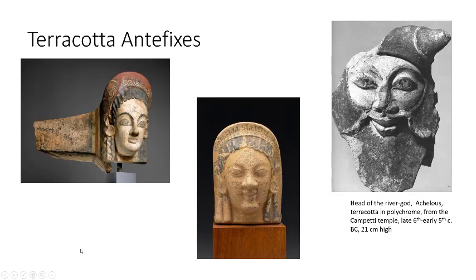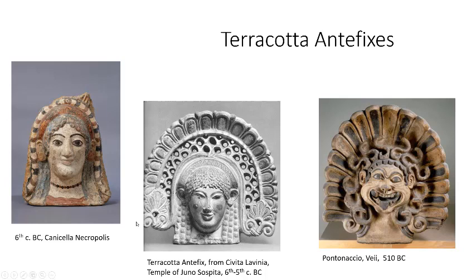Here's an example of some terracotta antefixes that were used on architecture. Again, like the Greek versions, they would have been polychrome, and these would have been probably along the roof edges of a temple or an opulent structure. Here are some more antefixes.